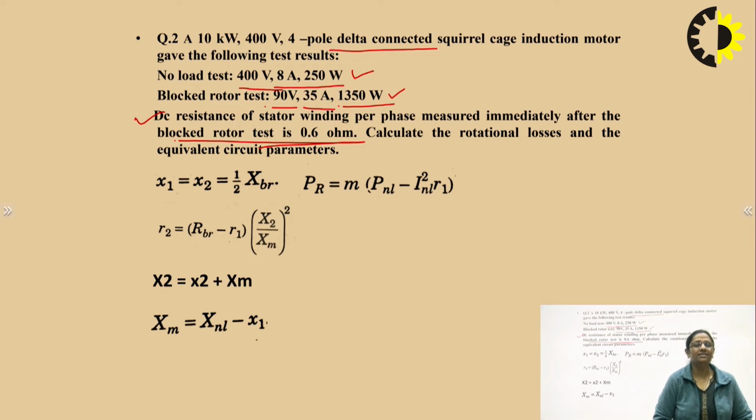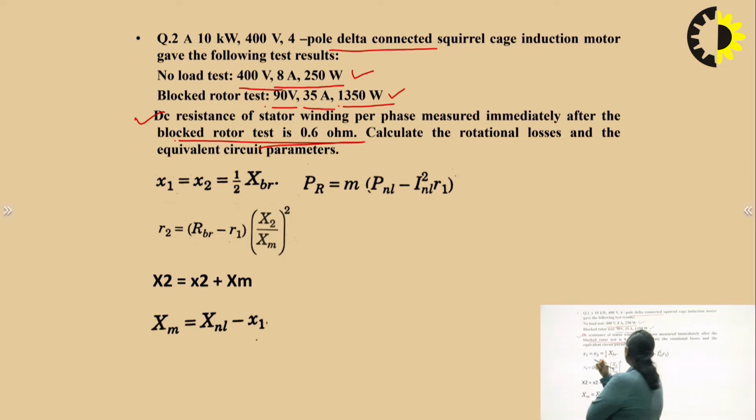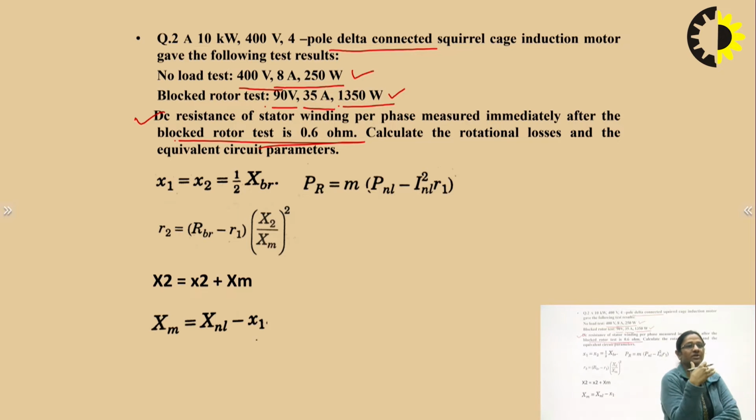The answer lies in the skin effect. Because of skin effect, the effective resistance of the wire increases when the wire carries alternating currents, right?